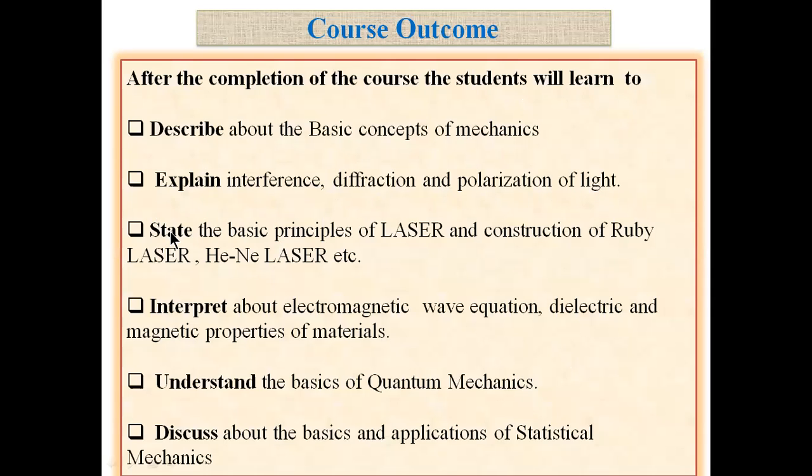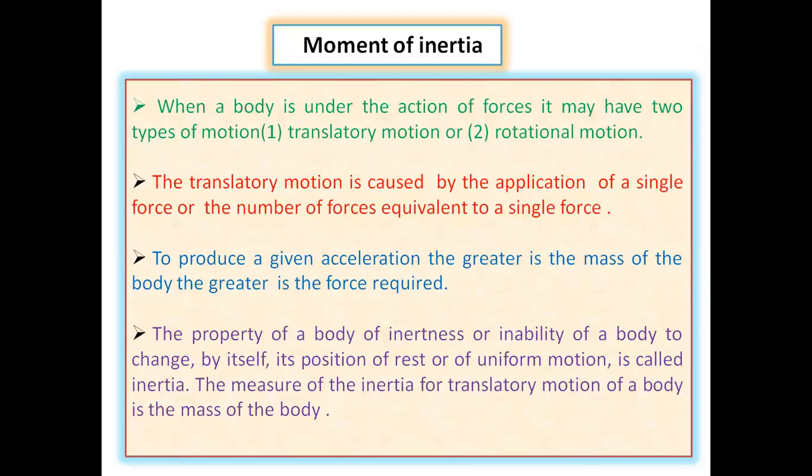Students can state the basic principles of laser and construction of ruby laser, helium neon laser, etc. Students can interpret electromagnetic wave equation, dielectric and magnetic properties of materials. They can understand the basics of quantum mechanics. Students can discuss the basics and applications of statistical mechanics.